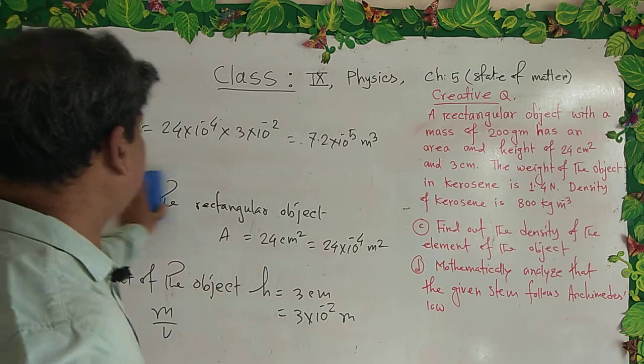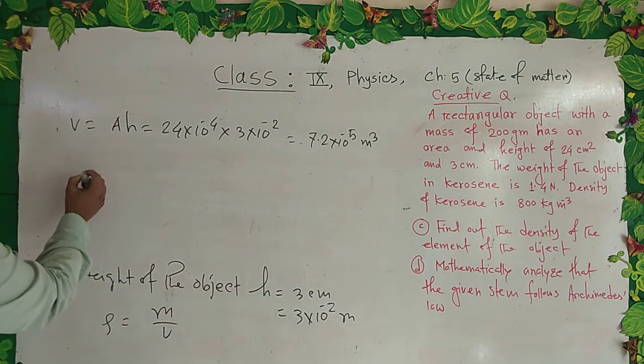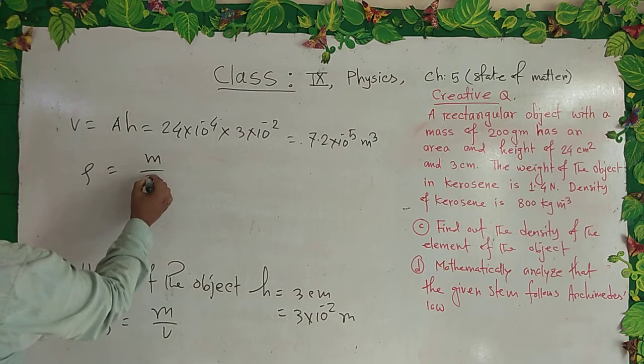Now we can find out the density of the body. Rho equal to m by v.